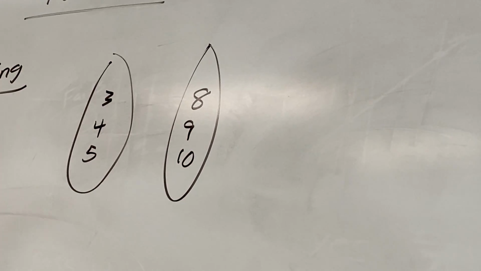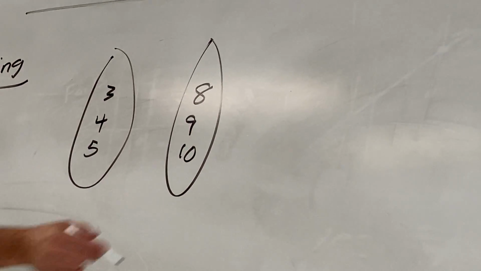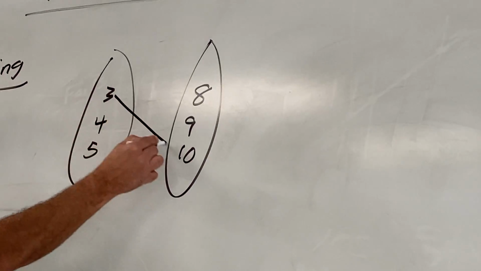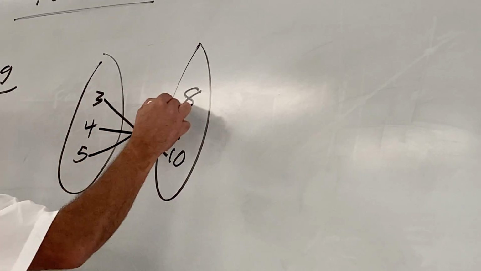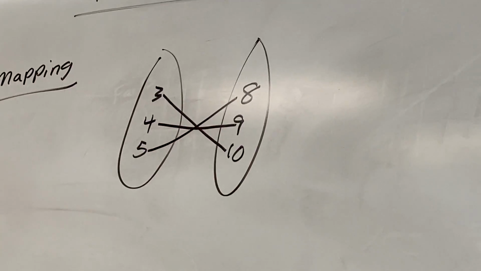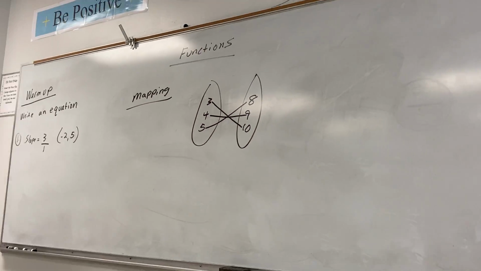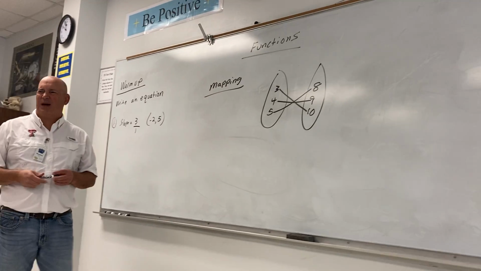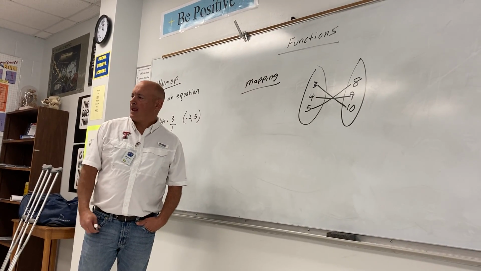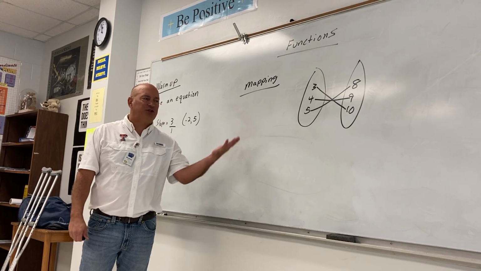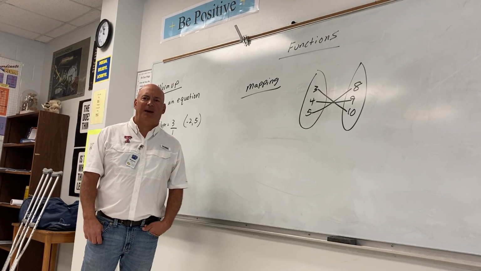And from one bubble to the other, there will be lines connecting a number over here with a number over here. So, what do we need to know about the mapping? What should you be wondering when you look at a mapping?